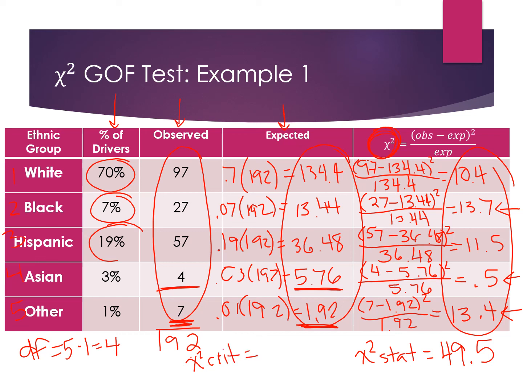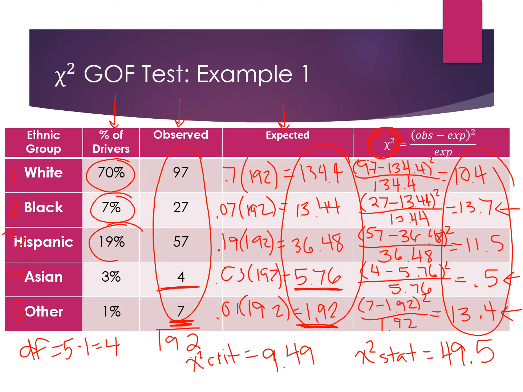Okay, so looking it up on my chart, if I use a significance level of 0.05, since that's what we typically use, with 4 degrees of freedom, that gives me a chi-squared value of 9.49.